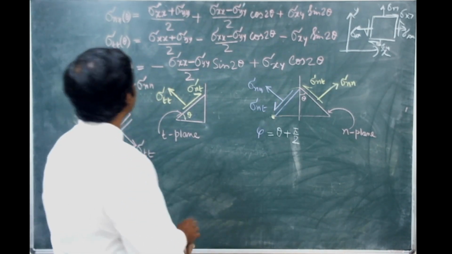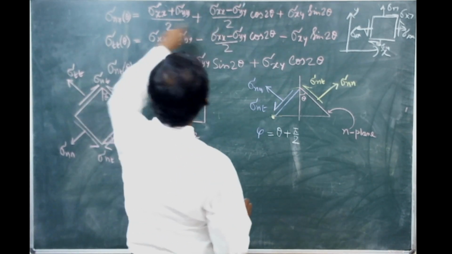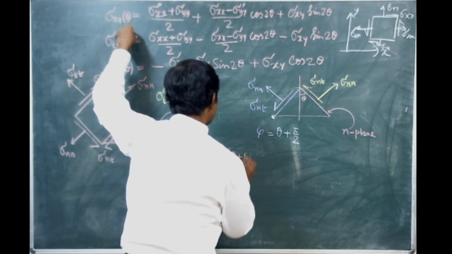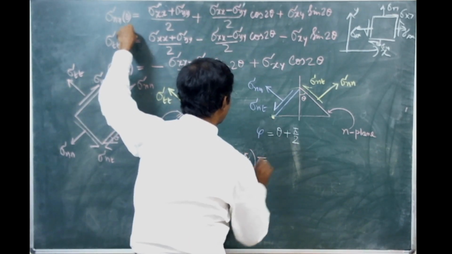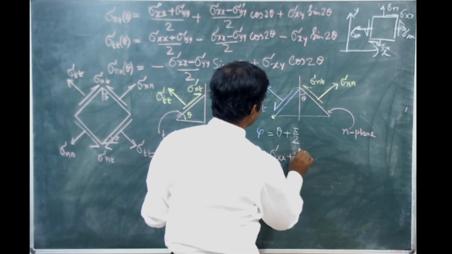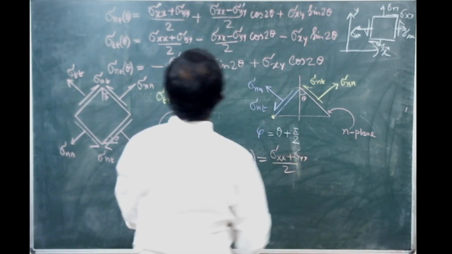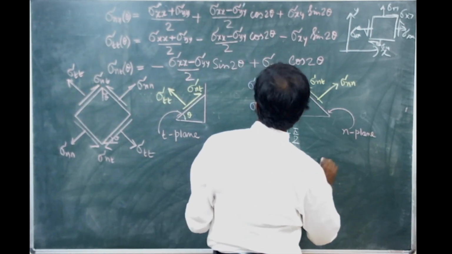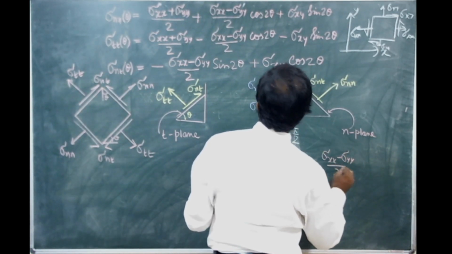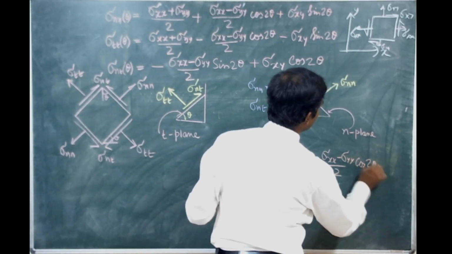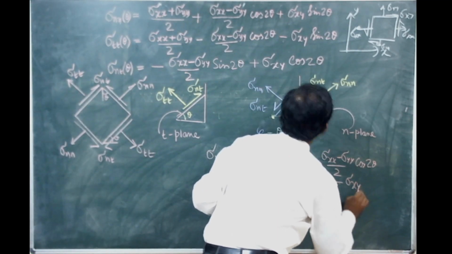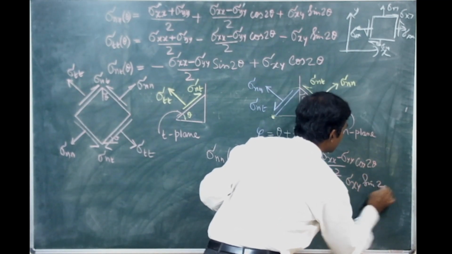Let us check by putting the values. Okay, so sigma nn at theta plus pi by 2, what we get? We get (sigma xx plus sigma yy)/2, this becomes minus (sigma xx minus sigma yy)/2 cosine of 2 theta minus sigma xy sine of 2 theta.